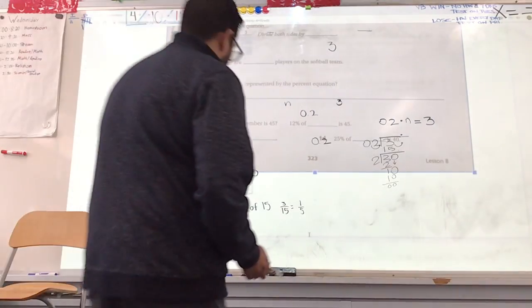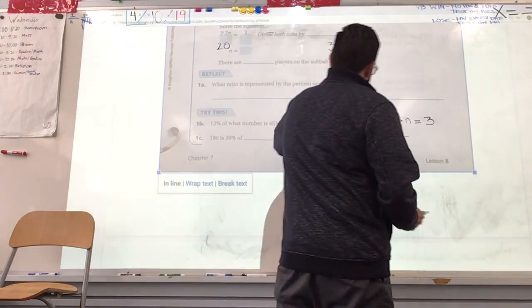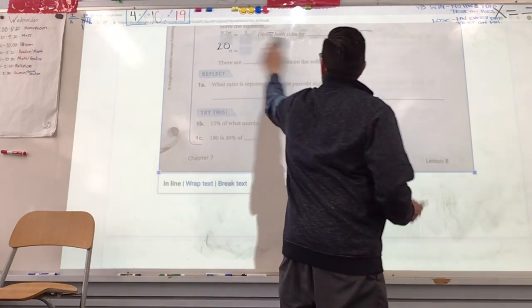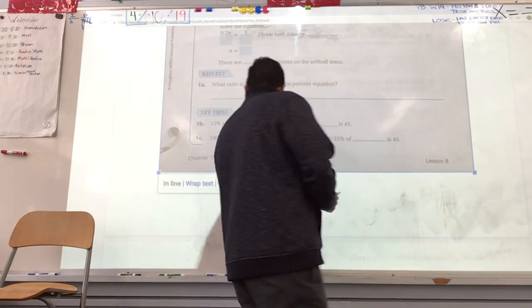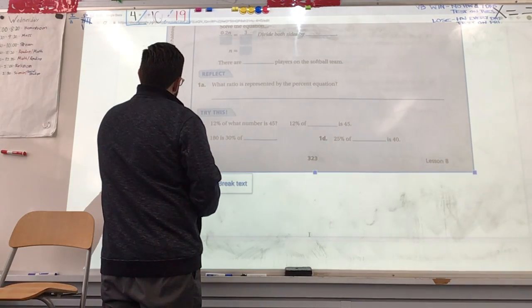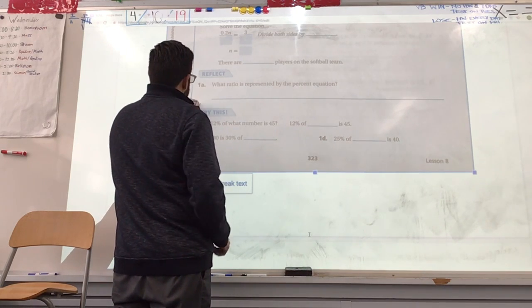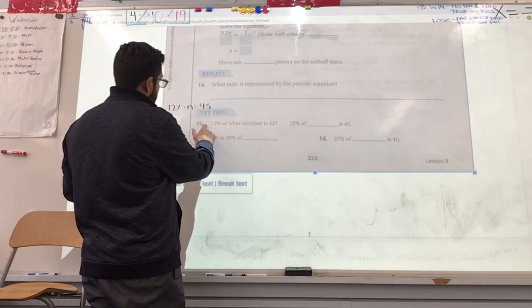Hope you got that down. If you don't, rewind. You should be fine. 12% times what number is 45? That's what this is saying.